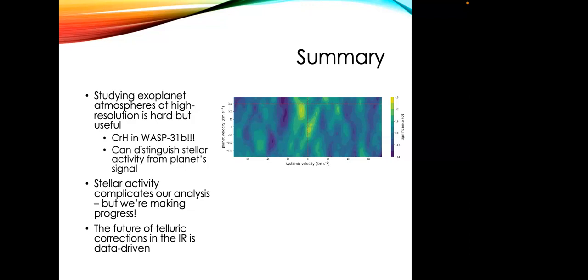To do both together, we'd have to fit the entire data set at once, and that's a lot of data, and we're not sure how that's going to work computationally. Obviously, that is the long-term goal, but we're at a computational bottleneck right now, and so it's not quite working.